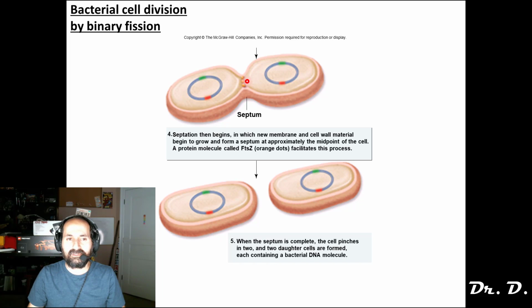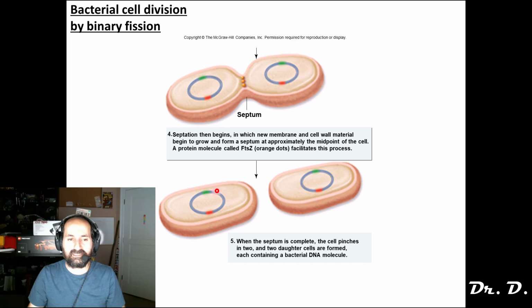And the reason it grows inwards is because of these proteins called the FTS proteins. Specifically, FtsZ. FtsZ proteins form a ring, actually it's just called the Z ring. The Z ring forms around the midline of the cell, and those FtsZ proteins promote septum formation, the inward growth of the cell wall until you've got two bacteria, right?